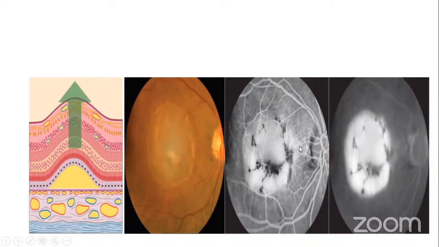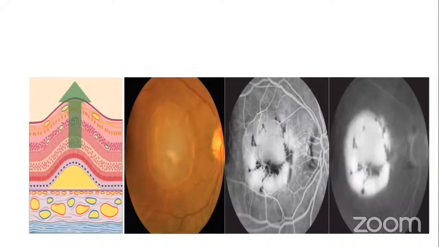And when you go to the angiogram, this is the arteriovenous phase. See this abnormal hyperfluorescence here centrally. And in the late phase, where everywhere has emptied out, you have hyperfluorescence. Now, there is something characteristic here that we should look out for.